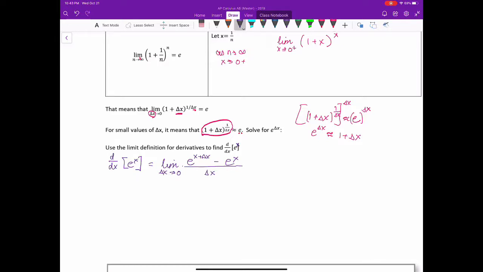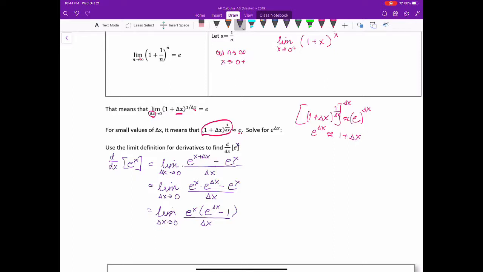And that means I can rewrite this, using the power rules, as e to the x times e to the delta x minus e to the x over delta x, which is then going to equal the limit as delta x approaches 0, factor out the e to the x. So then I'm getting e to the delta x minus 1 over delta x, like that.